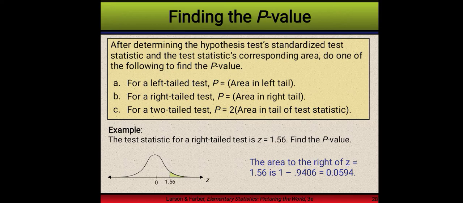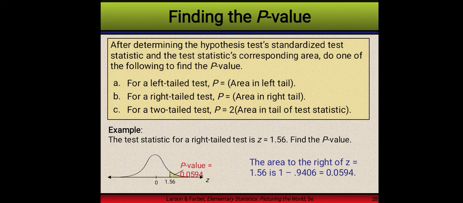Since it is a right-tailed test, the area to the right of z equals 1.56 is 1 minus 0.9406, which is 0.0594. The p-value is 0.0594.